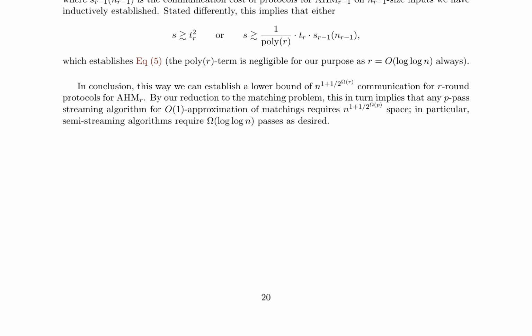This in turn implies that any p-pass streaming algorithm for O(1) approximation of matchings requires n^(1+Omega(1/p)) space. In particular, semi-streaming algorithms require Omega(log n) passes as desired.